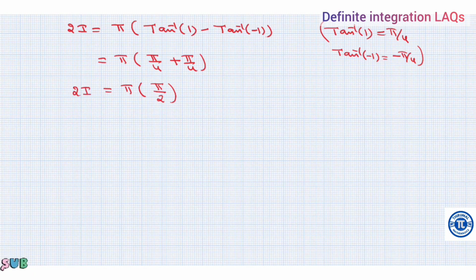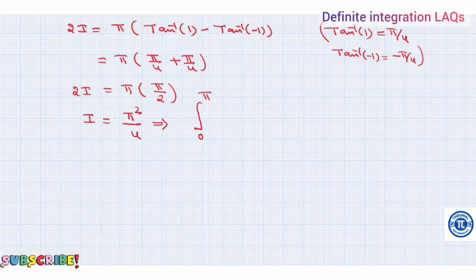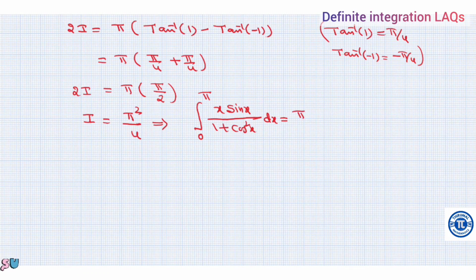So 2I equals pi into pi by 2, then I equals pi square by 4, since 2 twos are 4. So the given integral, 0 to pi of x sin x by 1 plus cos square x dx, is equal to pi square by 4. That is the answer.